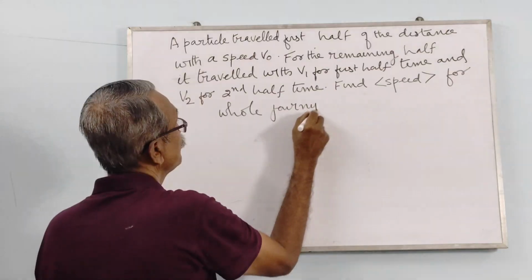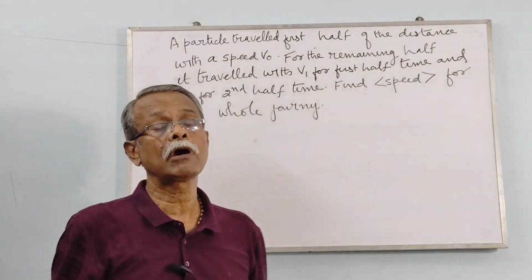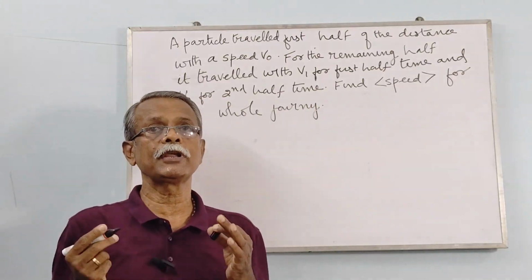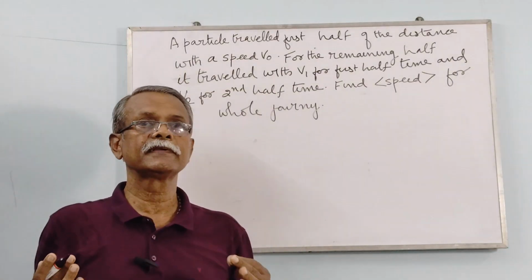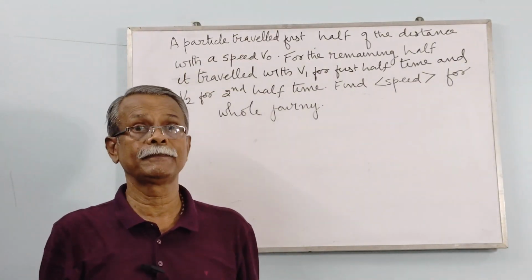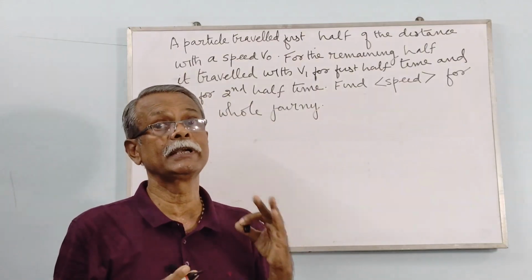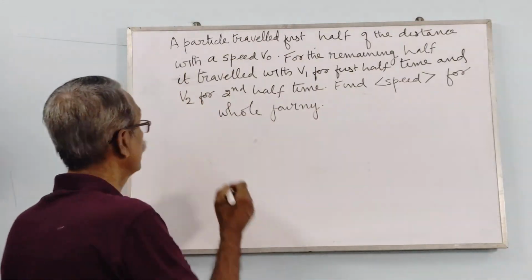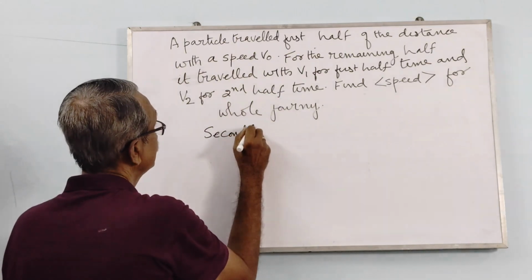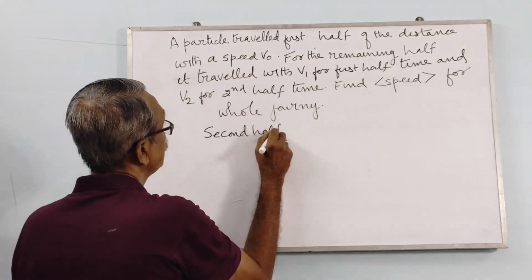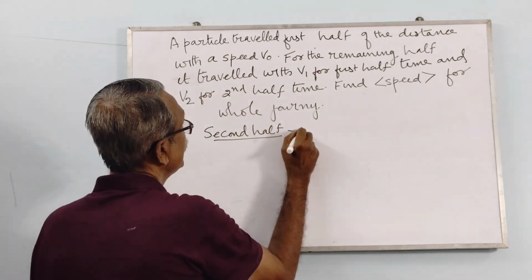If you properly use our method for equal distance and equal time, this problem can be easily solved. Otherwise, it will be a long process. So I will be using that method. First I take the second half. If you take second half, it is equal time.